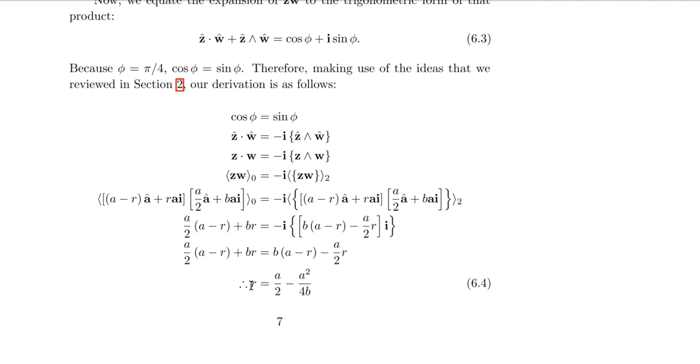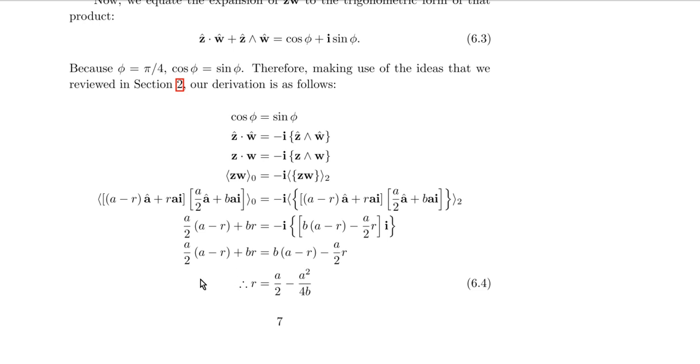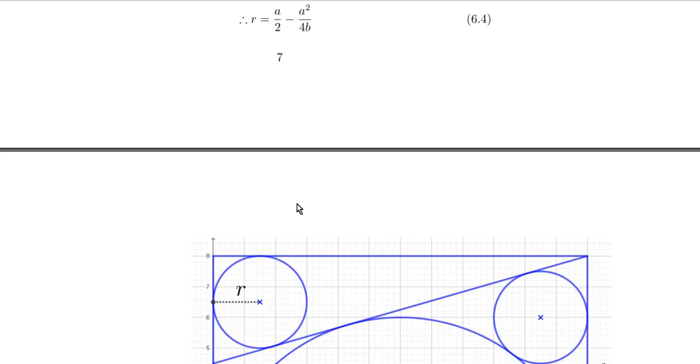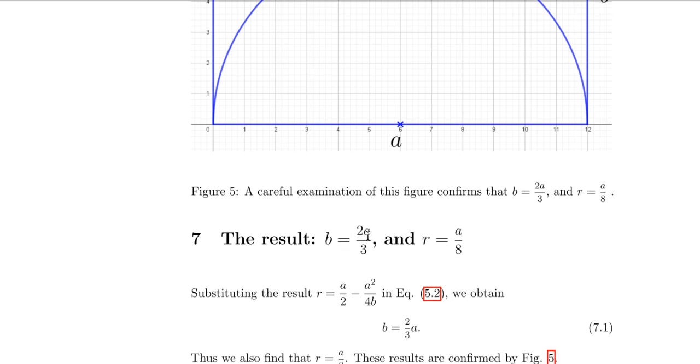So now we have an expression for r, and we plug that into the equation relating r, a and b that we got from the similar triangles. When we make that substitution and eliminate r, we get b is equal to 2a over 3, or b over a is 2/3, and r is a over 8.